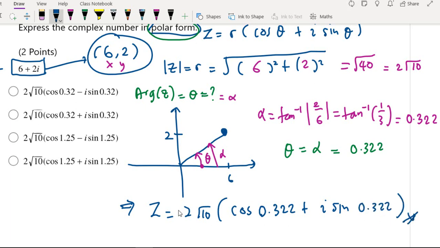And check the answer. This one is negative, this one is square root of 3, so cancel. So the answer is the second option, 0.32. It needs 2 decimal places, but it's the answer. Okay, that one is for number 9.